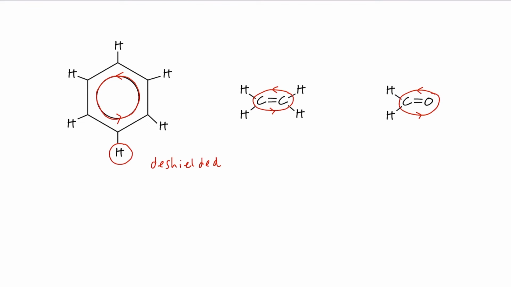So we see that for protons directly bonded to a benzene ring, a chemical shift of 7.4 parts per million is common. In an alkene, we're looking at a chemical shift of around 5.3. And with the carbonyl group, particularly for an aldehyde, these protons here, the chemical shift is going to be way up at around 9.6, which makes them nice and easy to spot on a spectrum.